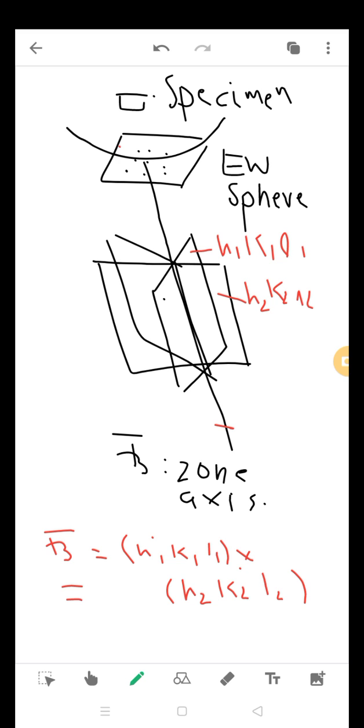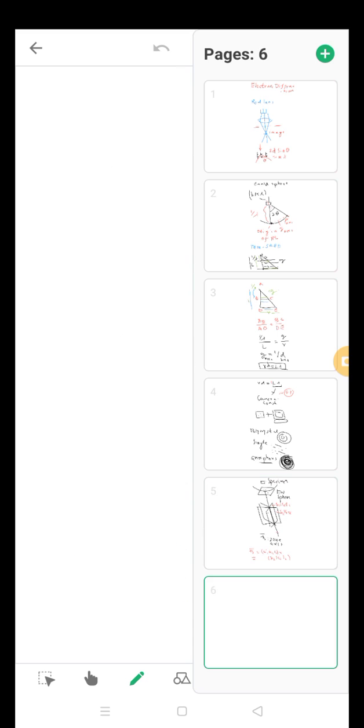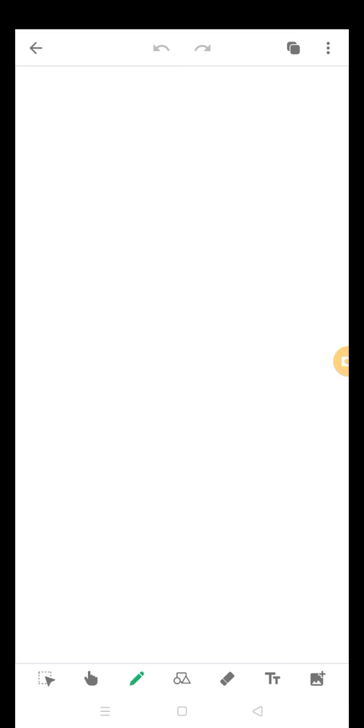And in the case of a polycrystalline material, say this is the specimen, each of the crystals, each of the planes will create a solid angle cone of its own.